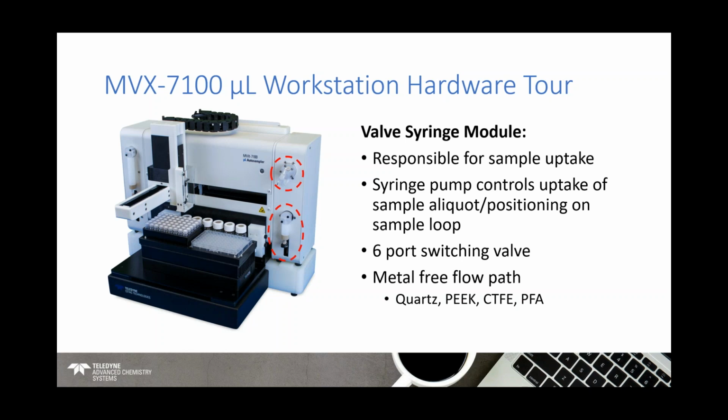Because it's a syringe pump and all controlled by software, you can pull your sample up at whatever speed you like, determine the sample volume, and position it where you want on a sample loop. All of the tubing in this process is metal-free, so it's a metal-free flow path. The materials of that flow path are quartz, PEEK, CTFE, otherwise known as Kel-F, and PFA.